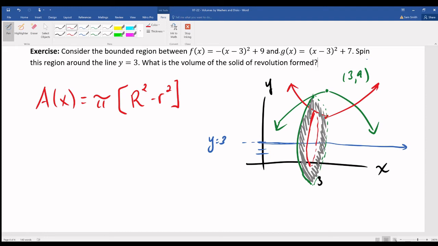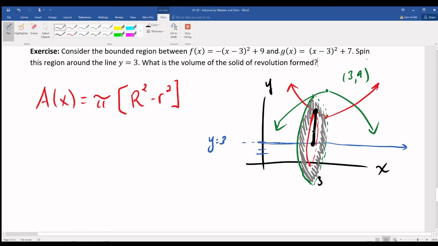Because this time, the little radius, for example, is not exactly equal to the output of the function. The little radius is the difference between the output of the function and the y value that we're spinning around.